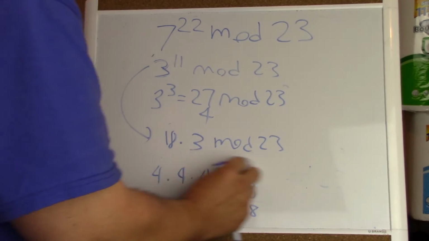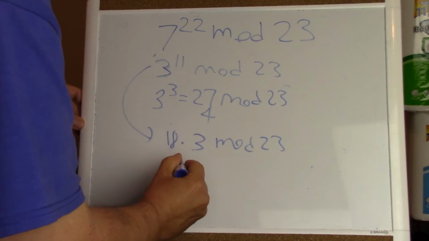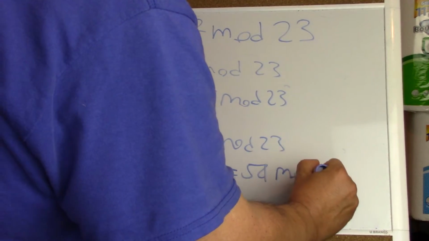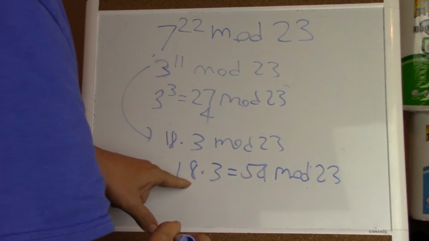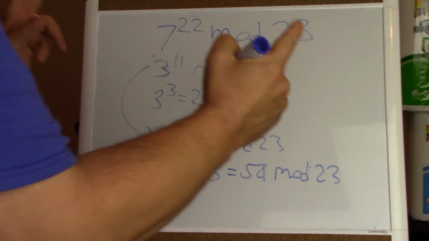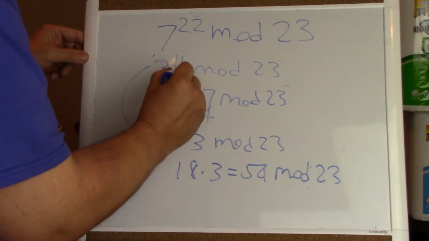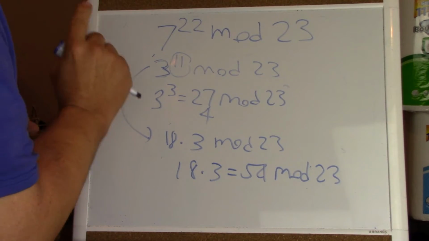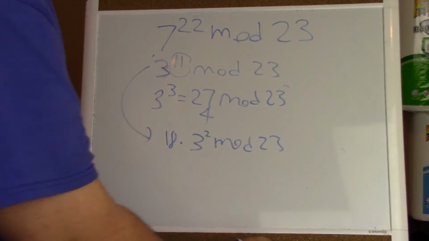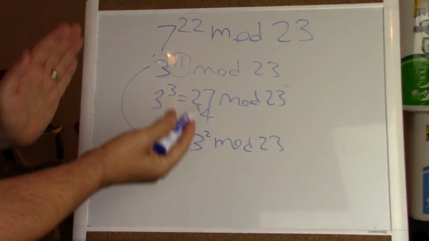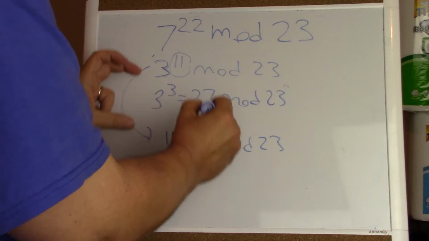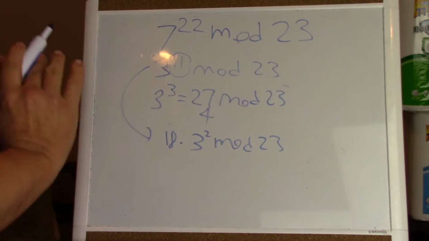And then 18 times 3 is equal to 54 mod 23. Did I do something wrong? Oh, I know. I see what I did wrong. There was a power of 2 in here. This is wrong. And this is, again, for problem solving, it's always easy to miss one of these. And I did miss that.